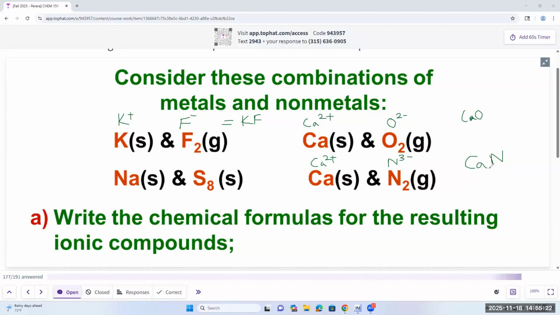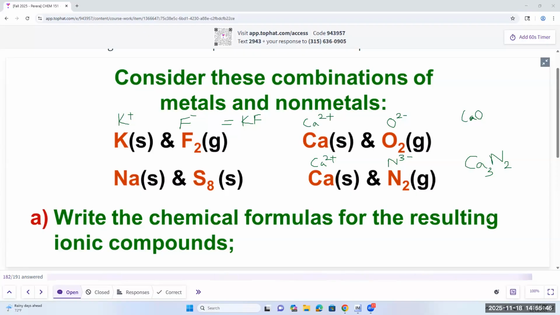I'm going to use the charge of the anion as the subscript for the cation and the charge of the cation as the subscript for the anion, and this should be the chemical formula of calcium. What do you call that? How do we pronounce it? Calcium nitrogen? Nitride. Thank you. Calcium nitride.